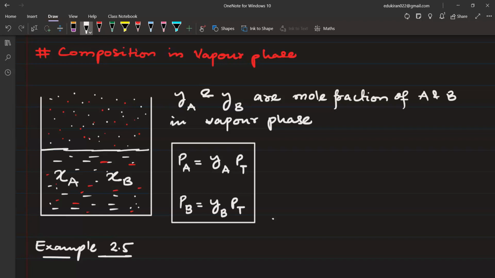In this, you have to calculate the mole fraction of a component in the vapor phase, as well as some other thing related to the liquid phase. This is the only question, and this question has not been asked in boards anyway. Composition of vapor phase has not been asked in boards till now.